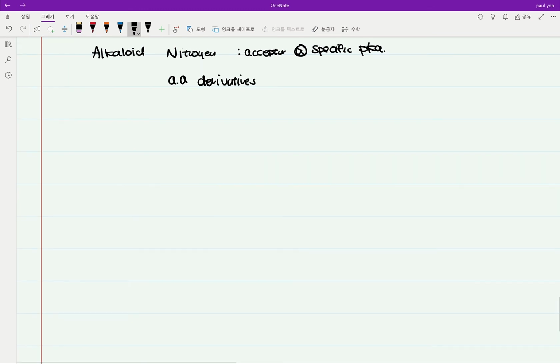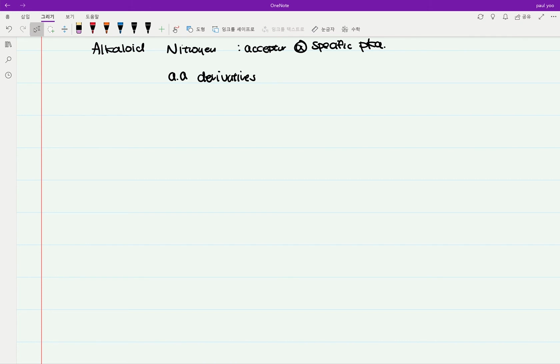Some amino acid derivatives look like this. This is a basic nitrogen.